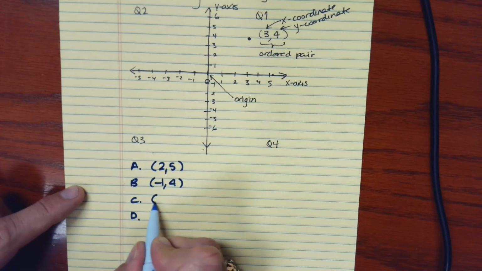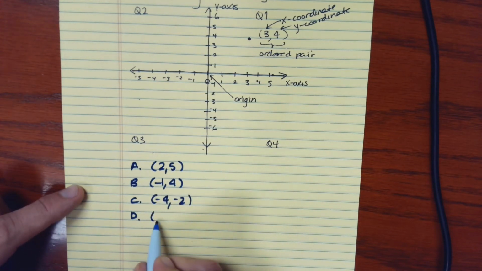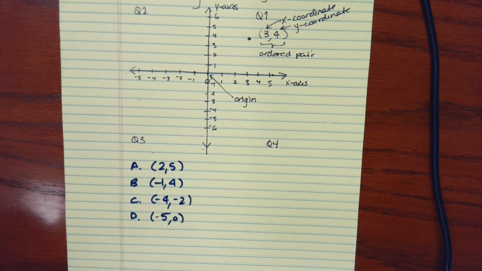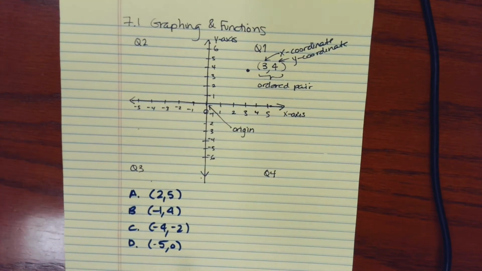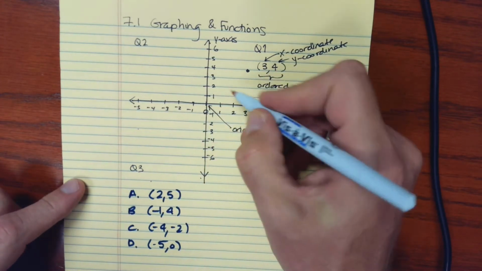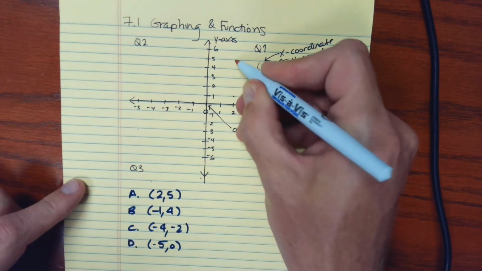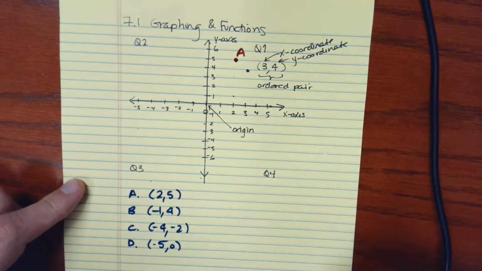C has -4, -2, and D has -5, 0. So let's find these points in our plane. So 2, 5. So I'll go over 2 and then up 1, 2, 3, 4, 5. So I'll put a point here and label that A.